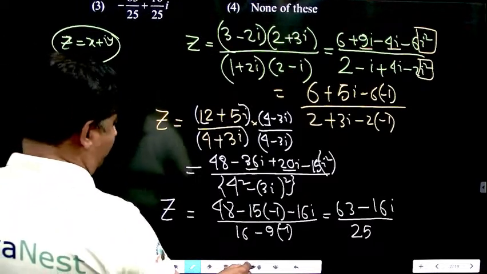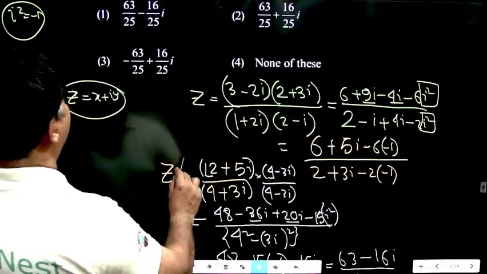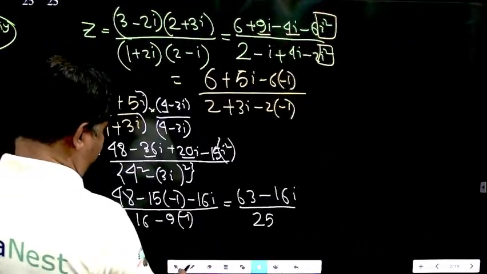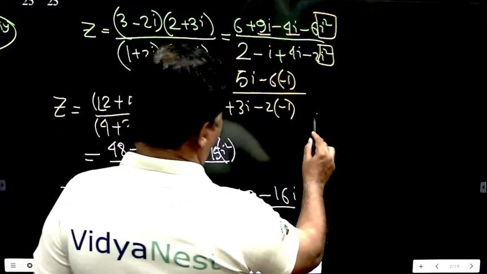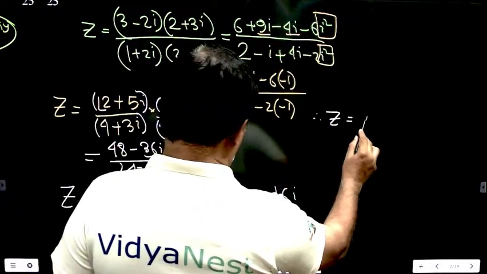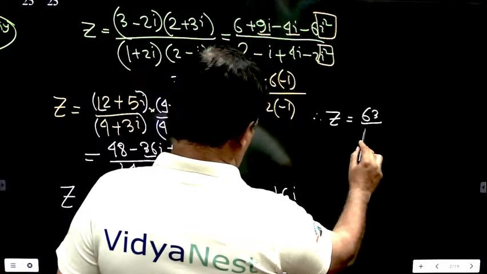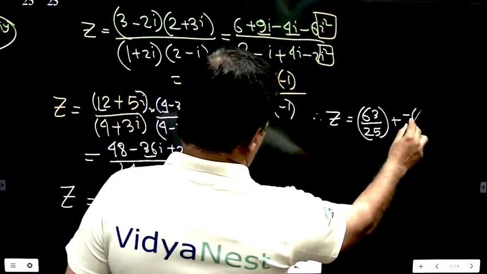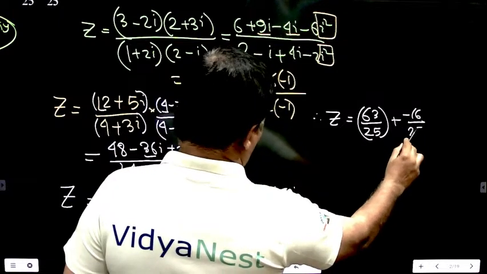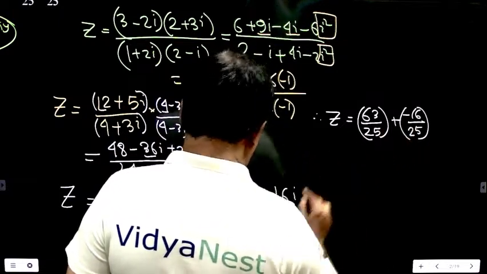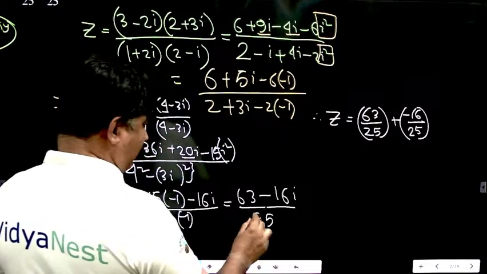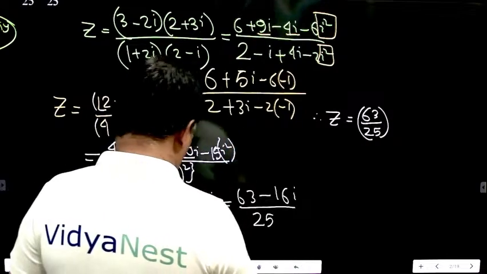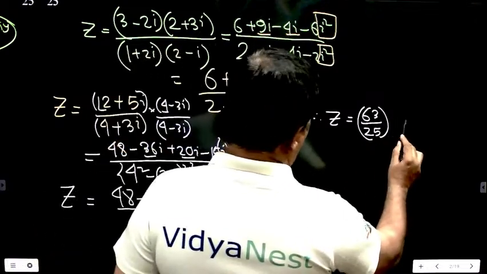Now you are told to find what? Just come to this question, the conjugate of Z. So first you split it into two parts. Once you get Z is equal to 63 by 25 plus minus 16 by 25, or better, keep this minus unchanged. In finding the conjugate, that will help.